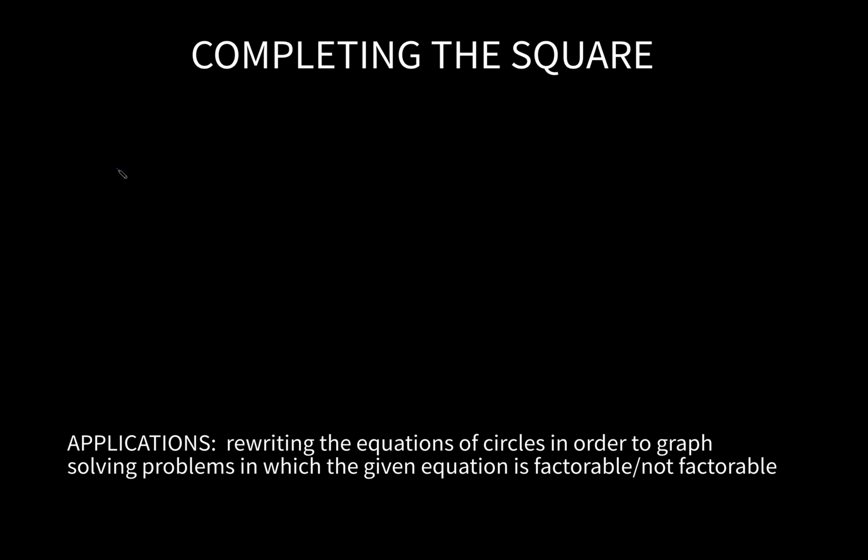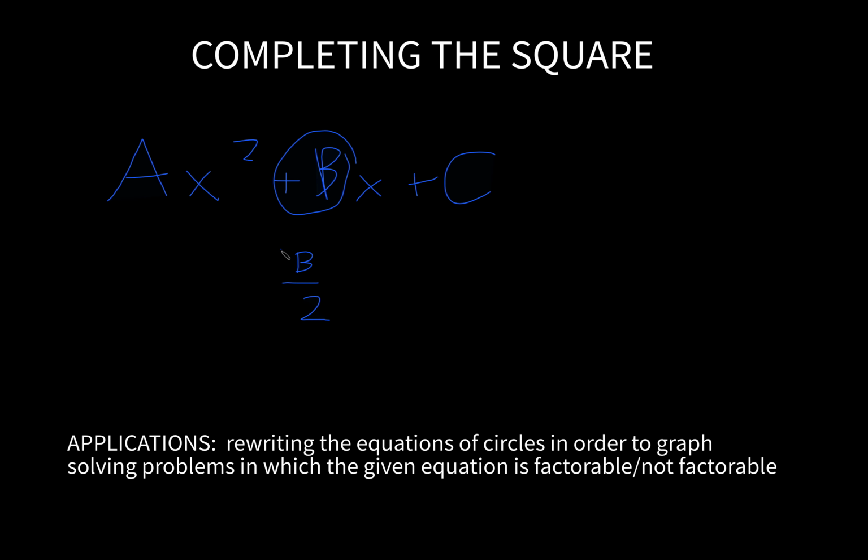So, how this goes is you'll see your equation, ax squared plus bx plus c. When you're completing the square, you're going to isolate this b constant, divide it by 2, and square the entire thing to get another constant.